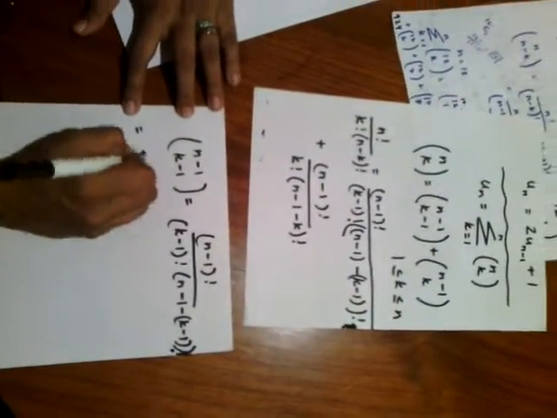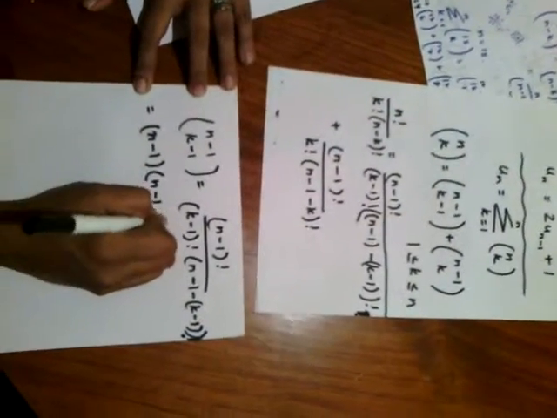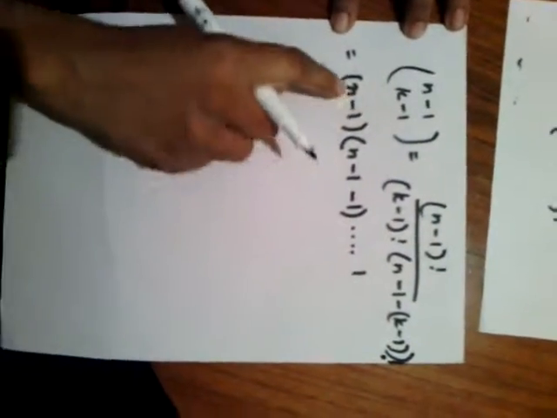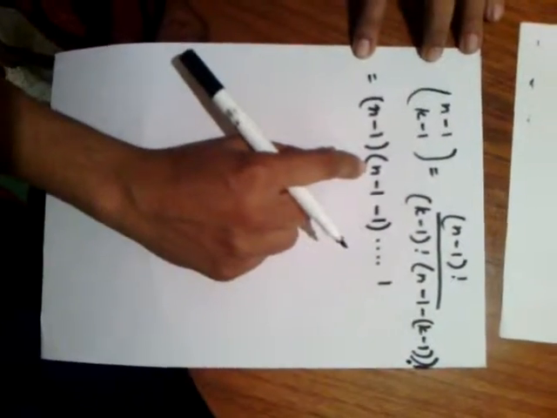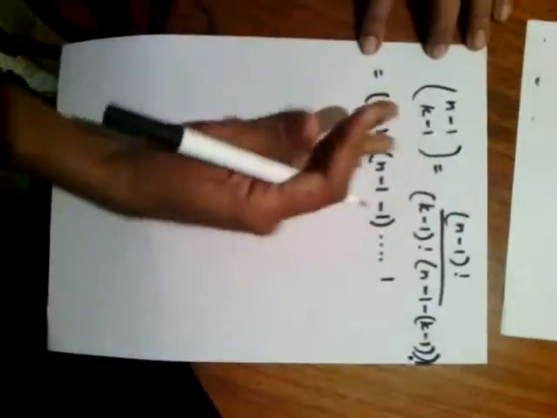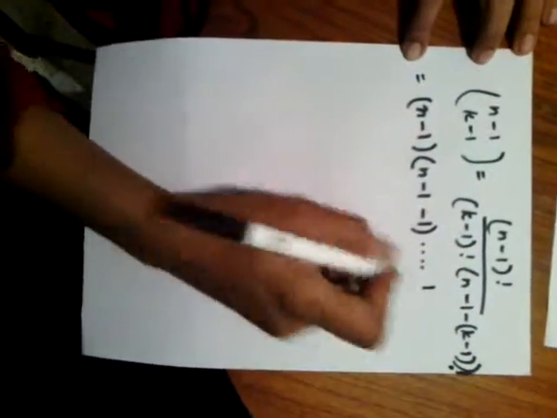That is n minus 1 times n minus 1 minus 1 all the way to 1. So it's n minus 1 times one less than the first number, times one less again, and you keep doing that until you get the smallest number, which is just 1. That's my numerator.